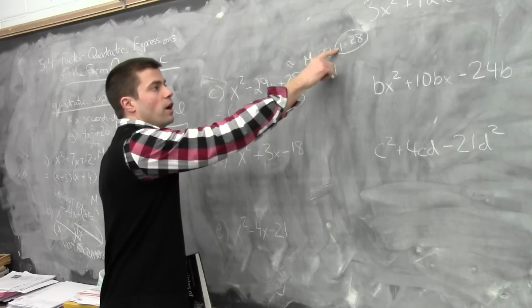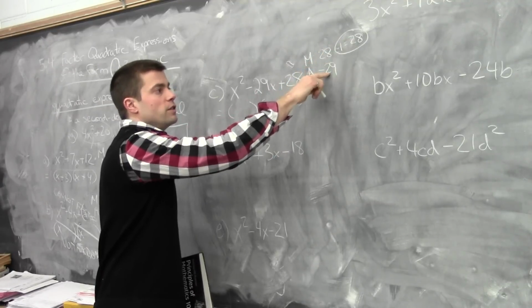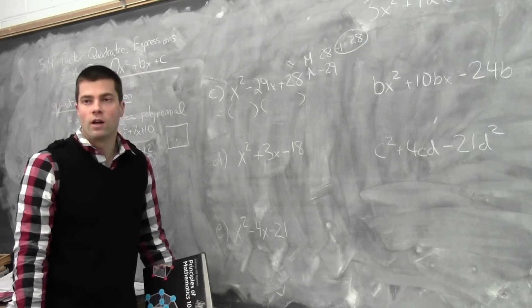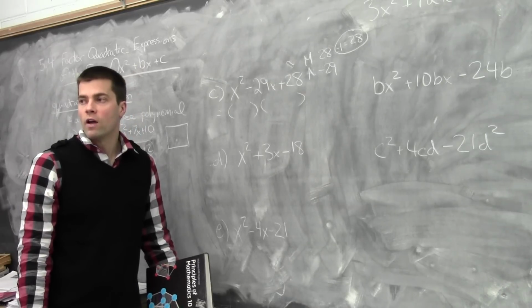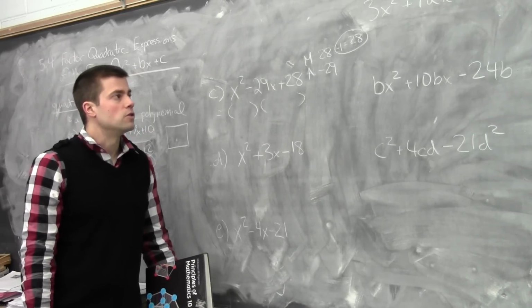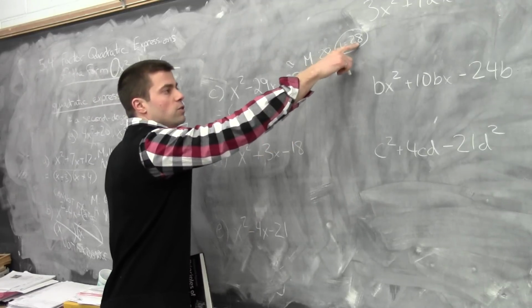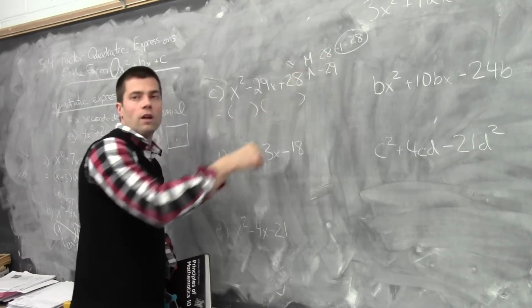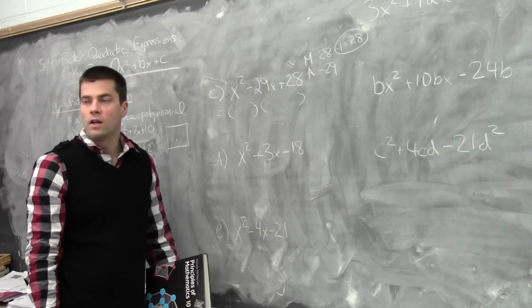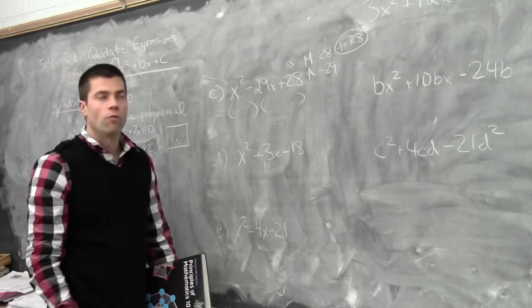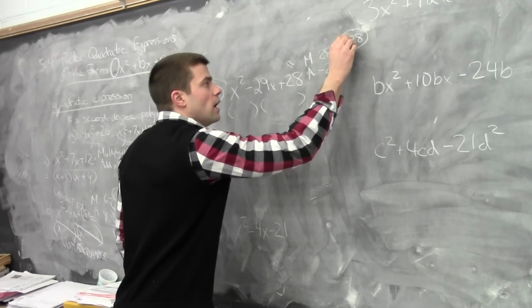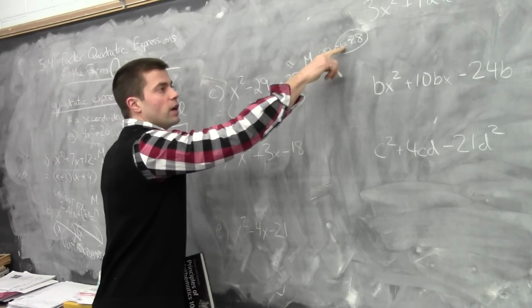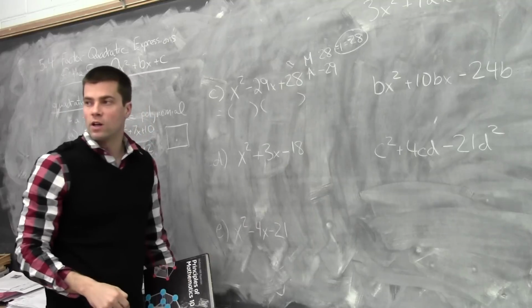If I add 1 and 28, I make positive 29, but I'm looking for negative 29. So what would I have to use then? Gennaro, how do I get 1 and 28 to make negative 29? What do I got to do with the signs of 1 and 28? Yeah, I change them to what? To negative. Right, so it's negative 1 and negative 28. So now negative 1 and negative 28 add to negative 29, right?